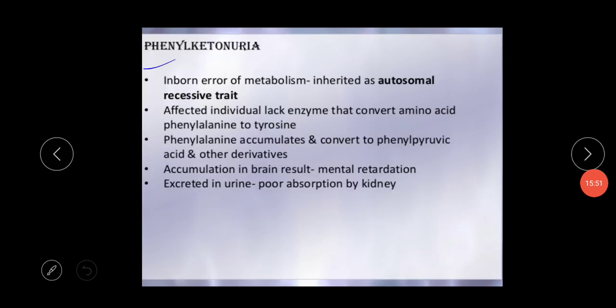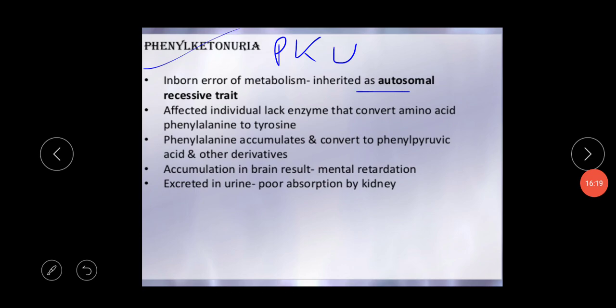Next disease is phenylketonuria, short form PKU. It is an inborn error of metabolism which is inherited as an autosomal recessive trait.